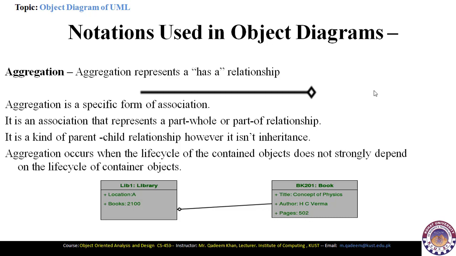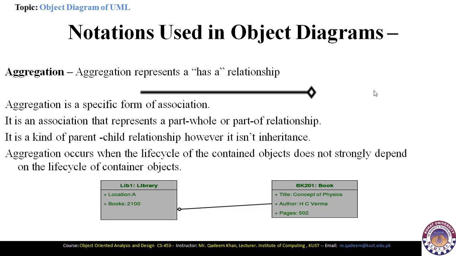So aggregation is a special form of association. It is an association which represents a part-whole or a part-of relationship between two different objects. So here it is like a child relationship, but it is not an inheritance.